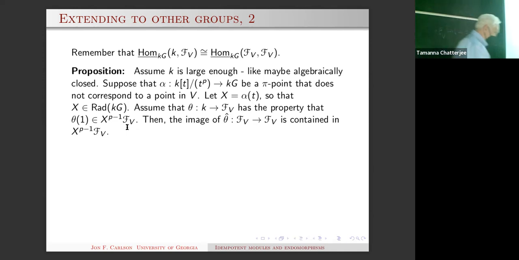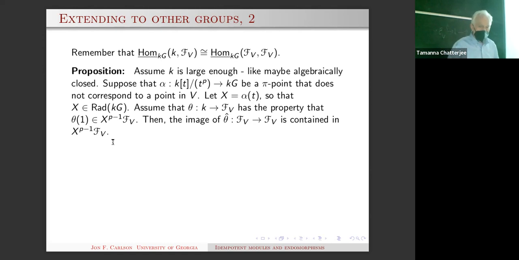What I actually have to show, or seem to have to show, is that when I raise that to a chain map, when I go from this expression to this expression, the entire image of the chain map is contained in this x to the p minus 1 f of v.